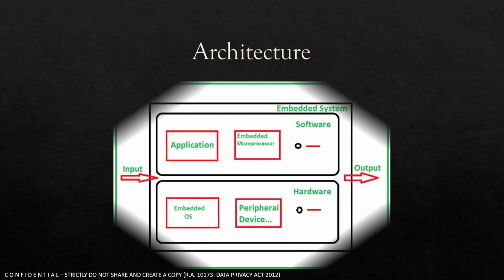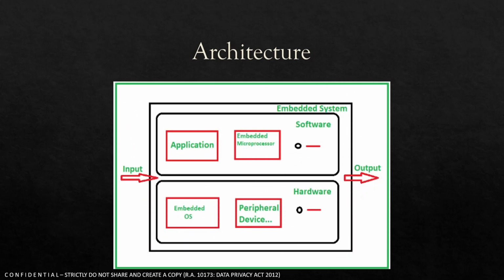So here is the architecture. A typical embedded system mainly has two parts: the embedded hardware and the embedded software.